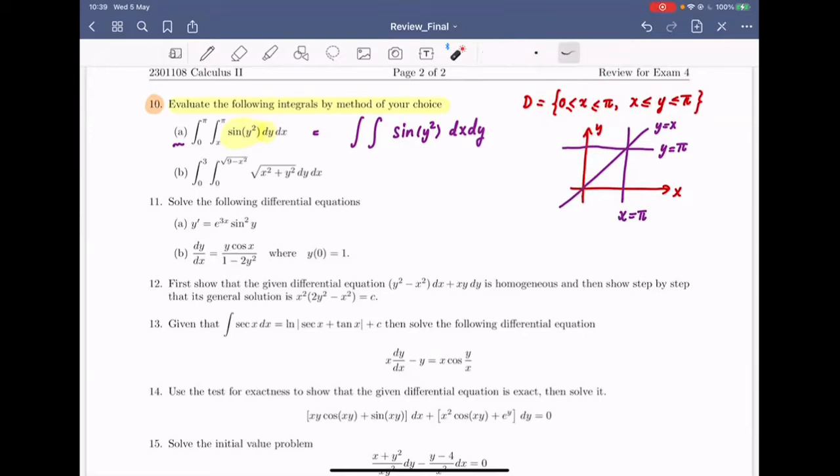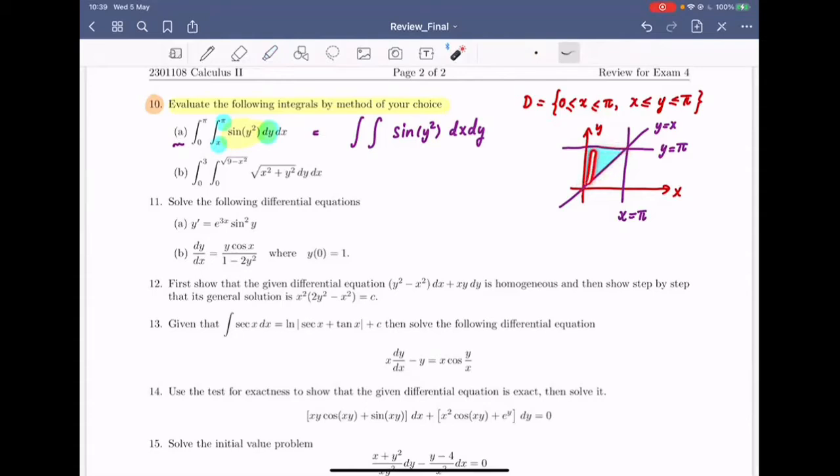First of all, you have to figure out which area you want to integrate over. Let's look at it: y starts from x to pi, so y equal to x is going to be your bottom curve. I suspect this is our region of integration, because you start from y equal to x and go to y equal to pi.